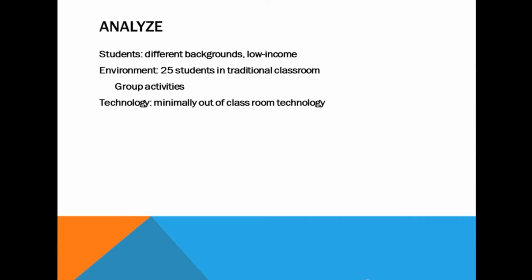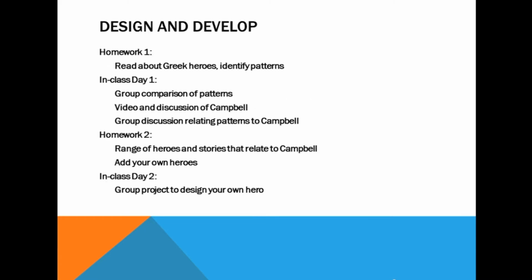The analysis phase included an understanding of the students, the environment in which they would be learning, and the technology that is to be applied. We did a minimal use of out-of-classroom technology as reflective upon the diverse backgrounds of the students and the possible lack of access that some of them might have to high-quality technology outside of the classroom or university.